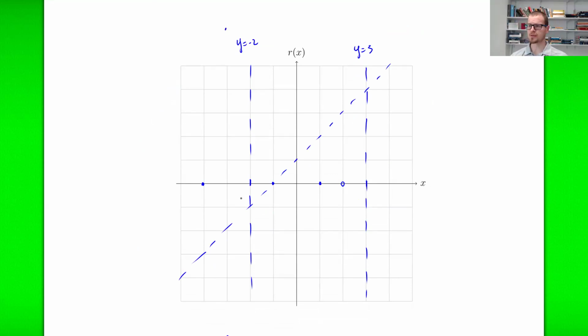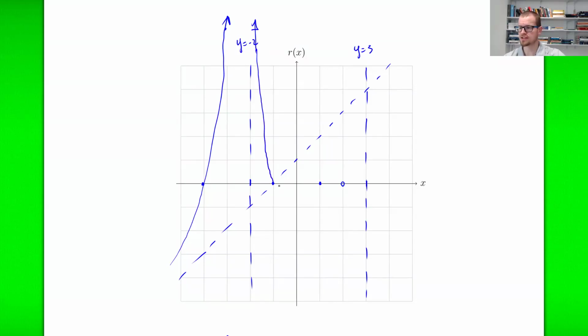This tells us pretty much everything that we need to know. Since this is a vertical asymptote, I know that this is going to go like this. But I also know that there are 2 factors of x plus 2 in the denominator. So this gets us what we call an even vertical asymptote, so it will point in the same direction.